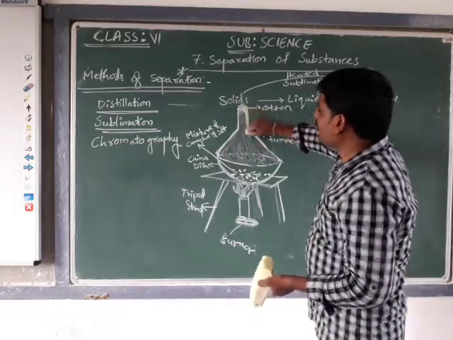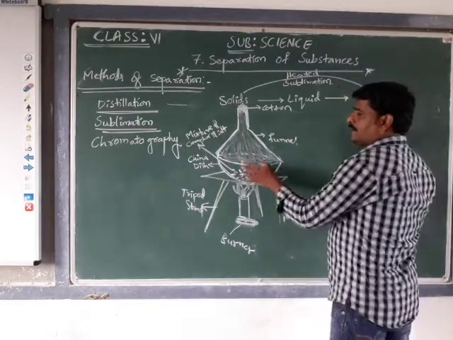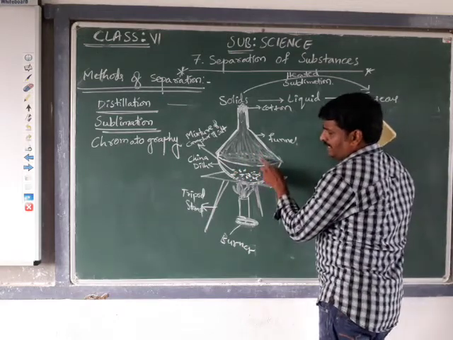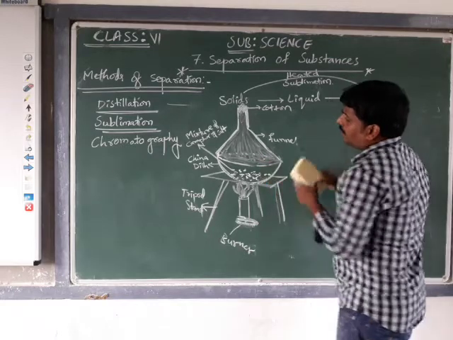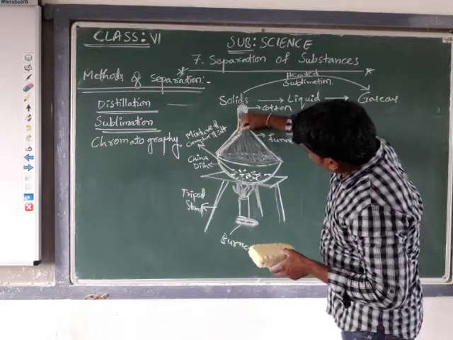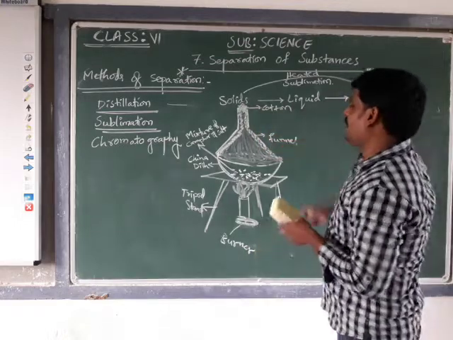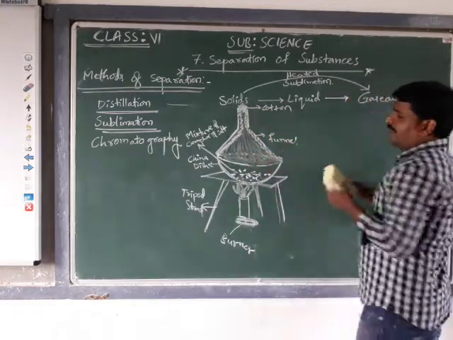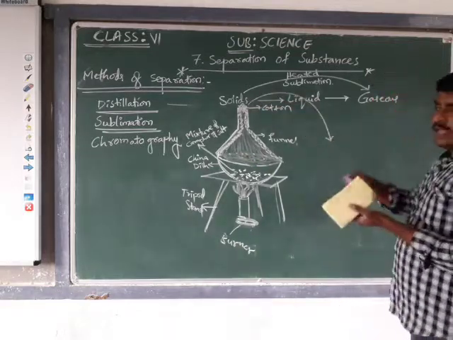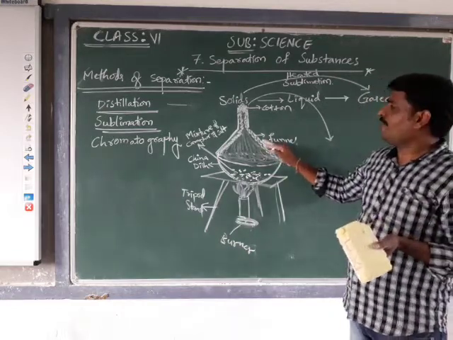If you continue the process for some time, the white fog settles at the inner walls of the funnel. When we take out the funnel and observe its inner walls, that is the solid form of the camphor.